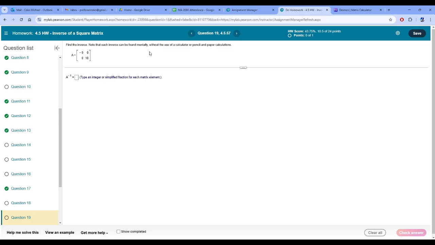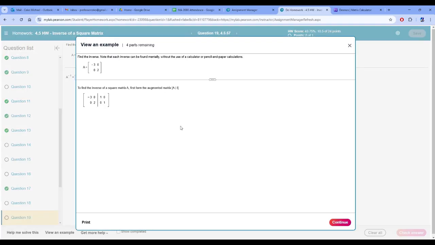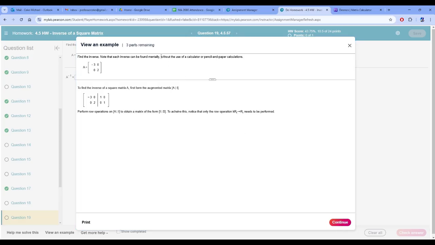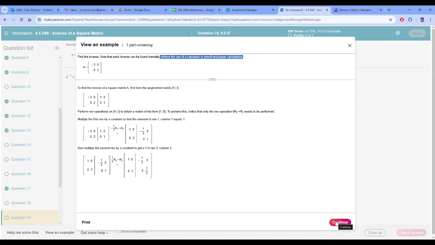Isn't this one just... Really? It can be found without? To find the inverse, first form the augmented matrix. But it says it can be found without the use of pencil. Oh, I get it. I get it.